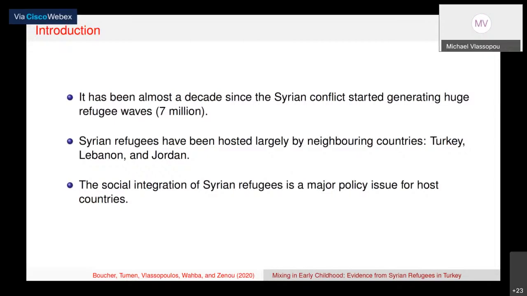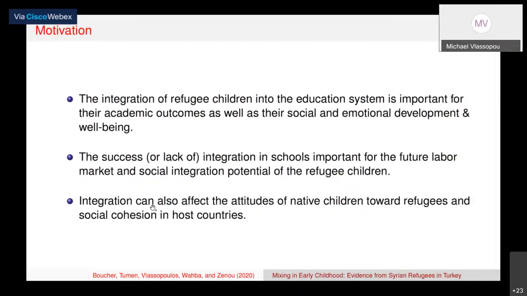And so this makes the issue of the social integration of the Syrian refugees in the host countries a major policy issue. In particular, looking at the case of Turkey, which has been hosting up to 4 million Syrian refugees, among whom about up to 1 million are school-age children.